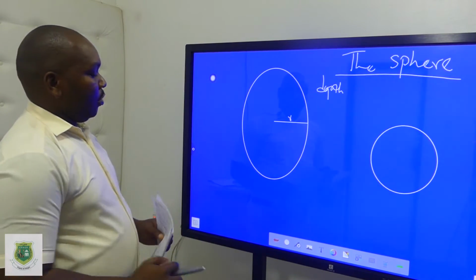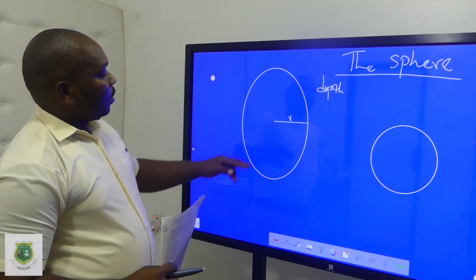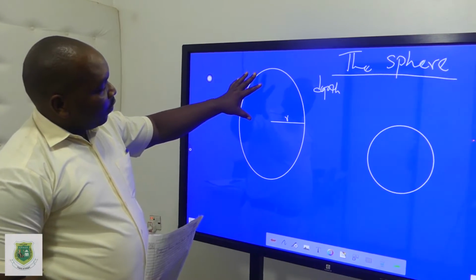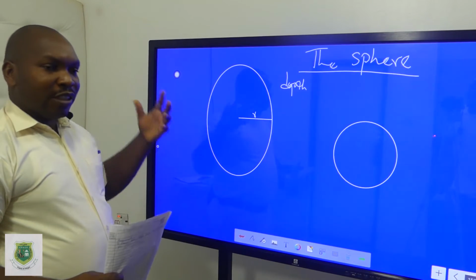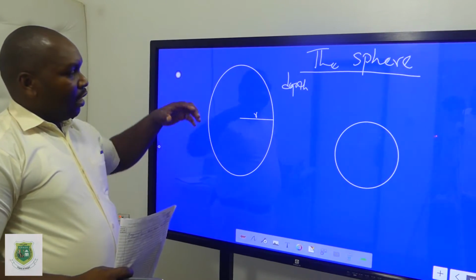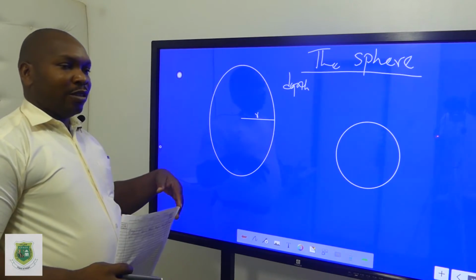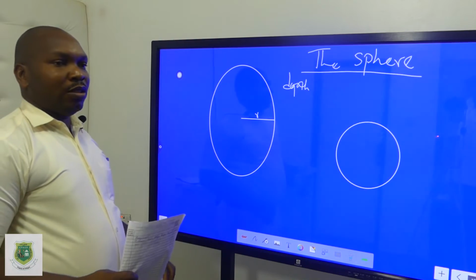You see? If you have seen an orange, an orange is a sphere. The egg is not a sphere. We say it is elliptical in shape, but an orange is a sphere.